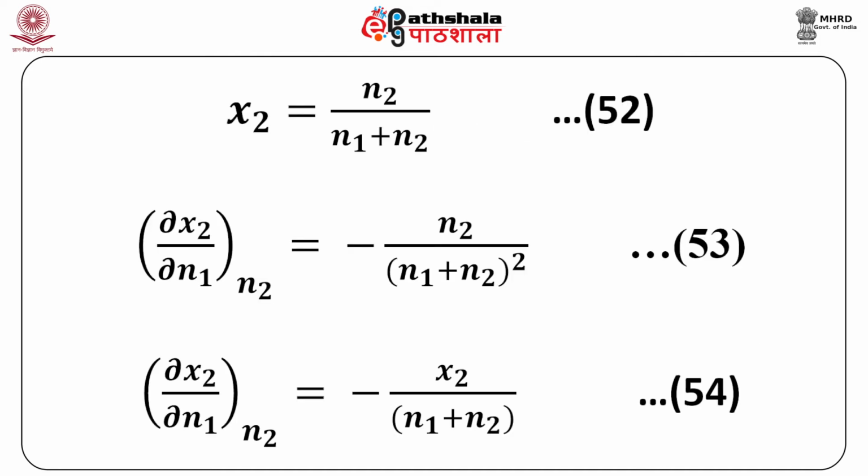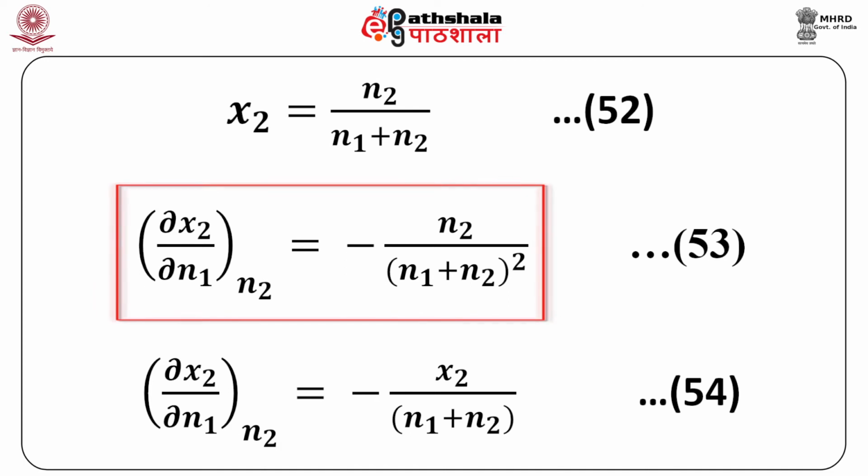Since the mole fraction is given by Chi2 equals N2 upon N1 plus N2, this is our equation 52. Thus, the expression d by dN1 of Chi2 at constant N2 is equal to minus N2 by N1 plus N2 whole square, as our equation 53.